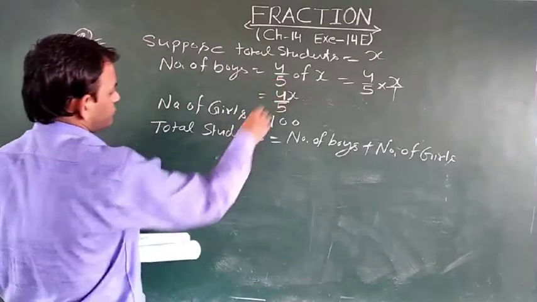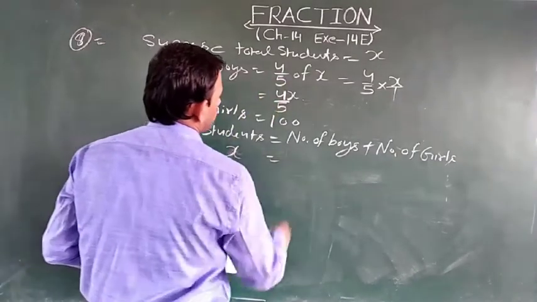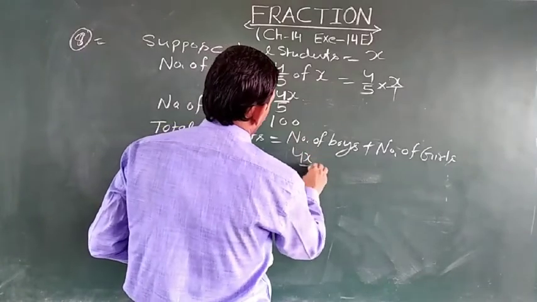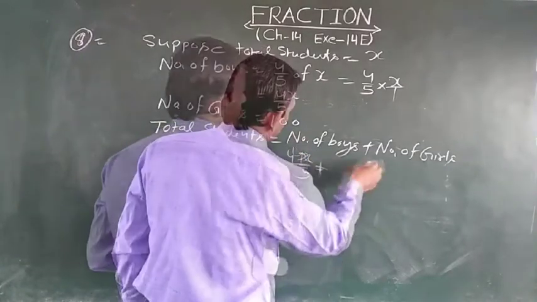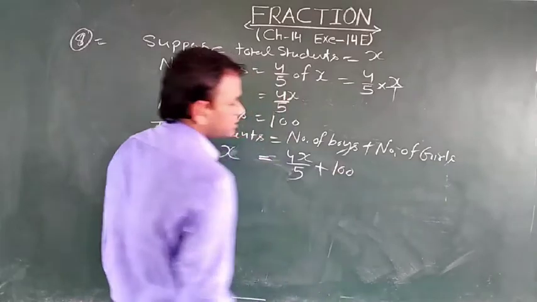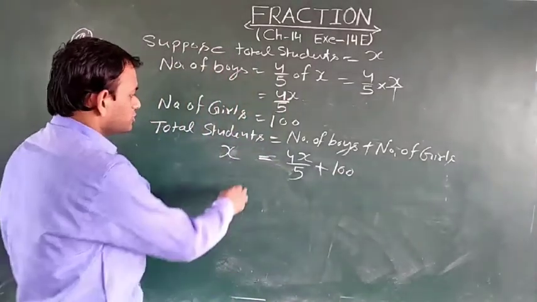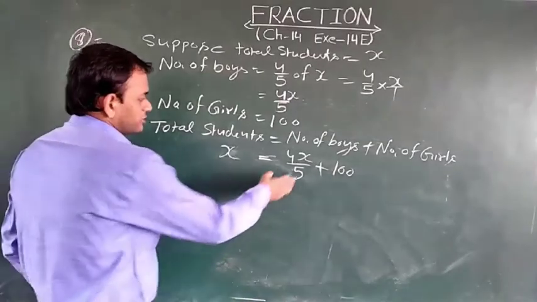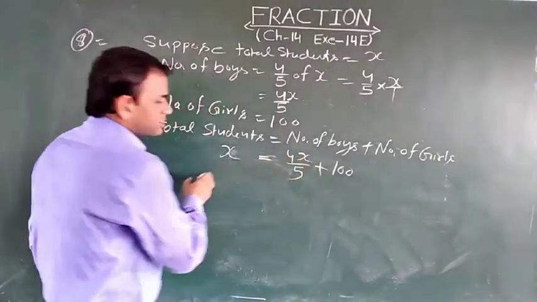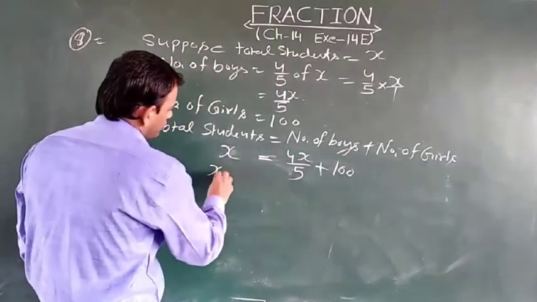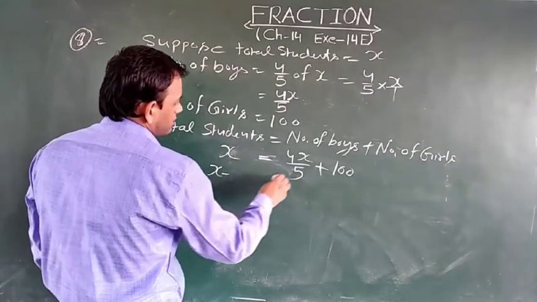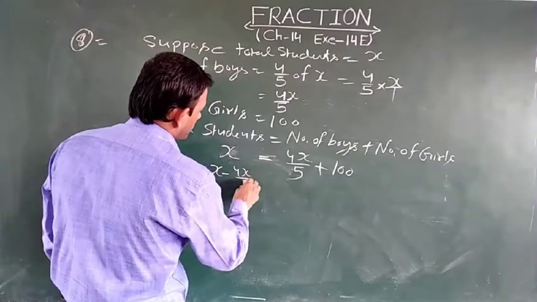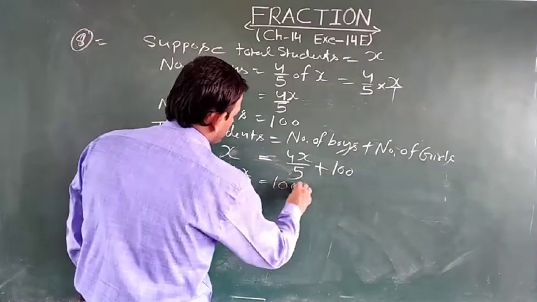Total student we have supposed that is the x is equal to number of boys we have found it here, that is the 4x upon 5 plus number of girls 100. Okay, again you will do the same thing which you did in the question number 7. You will just bring the 4x upon 5 to the left side. So the value of 4x upon 5 will be negative. x minus 4x upon 5 is equal to 100, which will remain same.